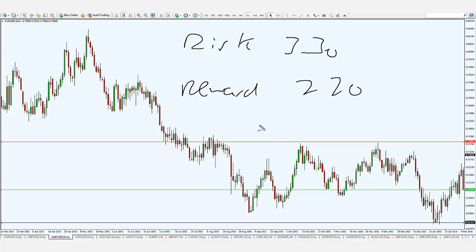So what is your risk to reward? Very simple, right? Your risk to reward on this trade is, for every dollar you're risking, you are looking to make 67 cents. Just a very simple mathematical calculation, right? You just take 220 divided by 330, you get 0.67. So for every dollar you risk, you are looking to make 67 cents.